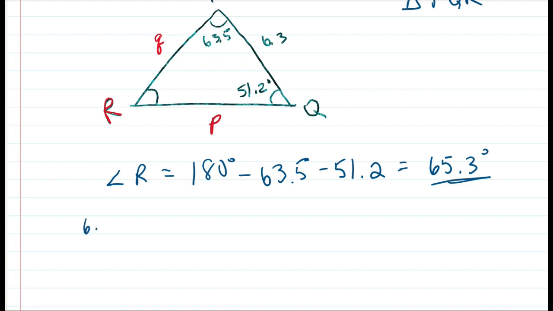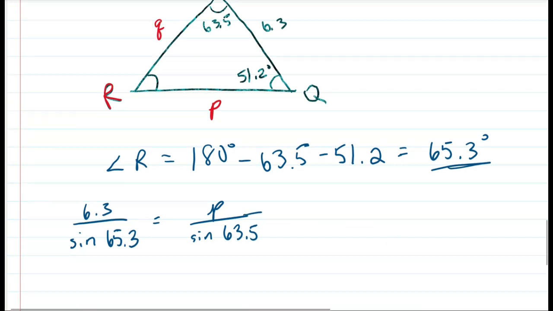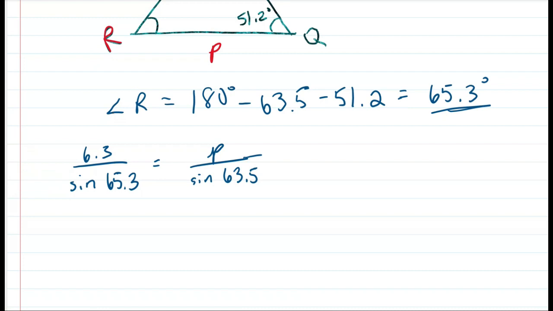We can do 6.3 over the sine of R, which is 65.3, equals side P over the sine of P, which is the sine of 63.5. Then we work through this using some algebra. We could cross multiply, so let's try that.